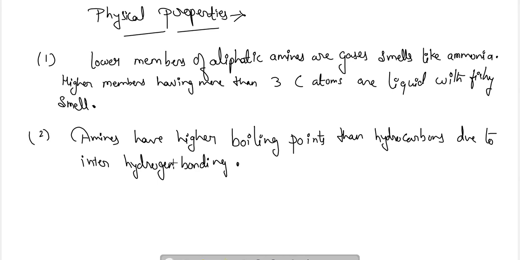While in the case of tertiary amines, this hydrogen bonding is not possible. So we will see that tertiary amines have a lower boiling point in comparison to primary amines.